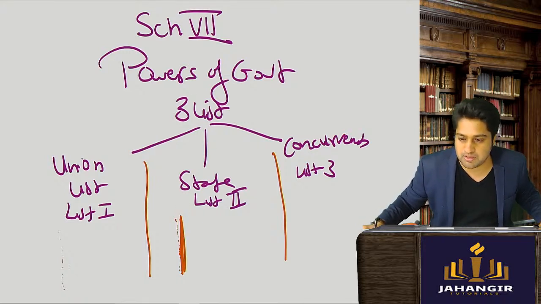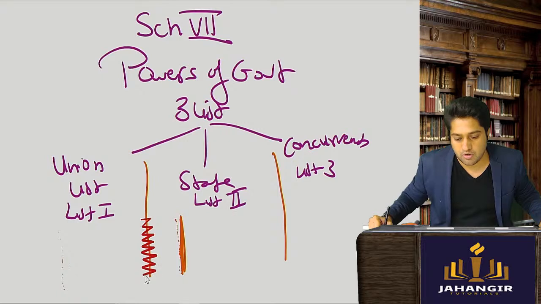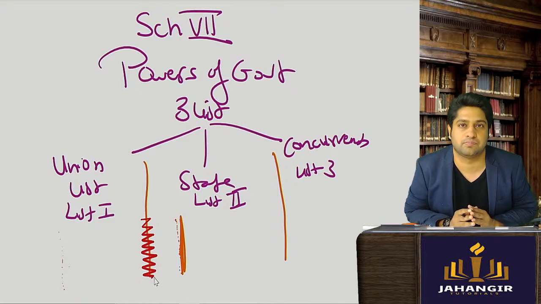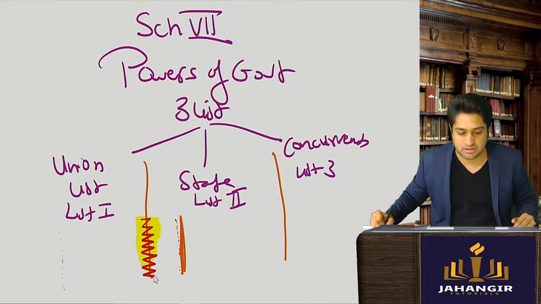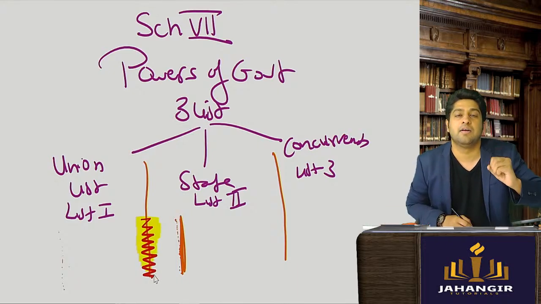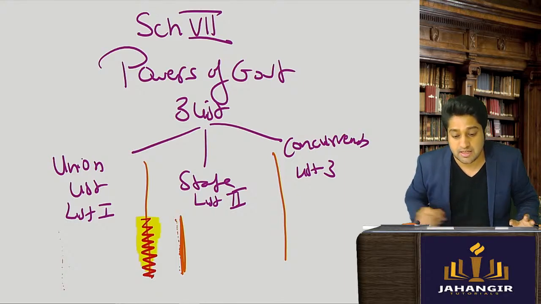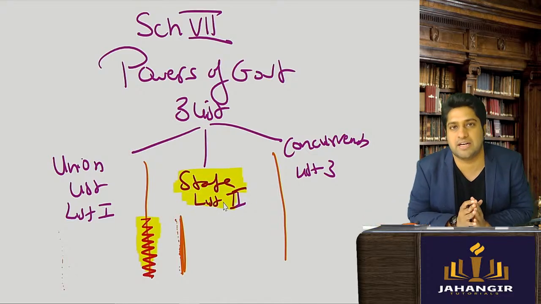But it is possible that there are some matters which are on the line, very much on both the sides. So the doctrine of pith and substance is to cover these matters which are on the line. We have to see whether the main law being passed is really for the matter which is given in the state list.